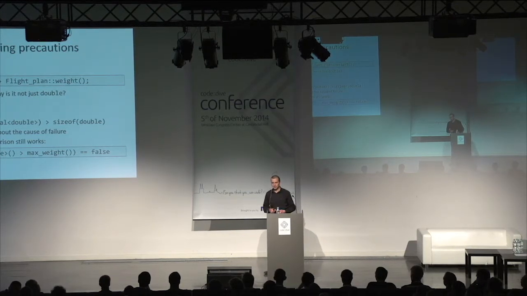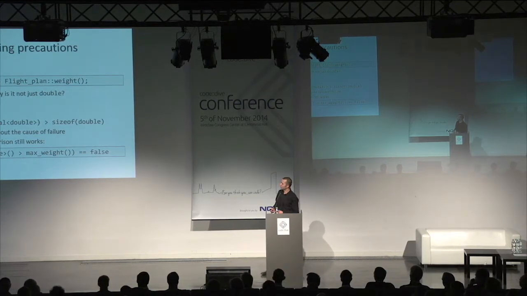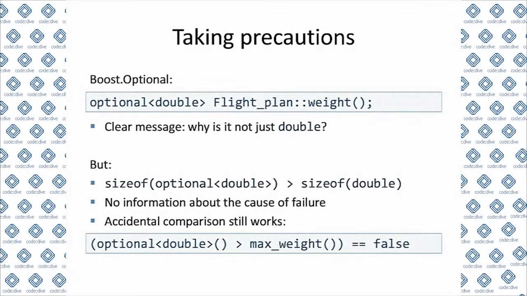Now, it's not as good as the previous solution, because the guy did make some optimization, which might have been useful. Now it's a bigger type because it stores both a double and a flag saying whether this double exists or not. And if you're signaling a failure, you probably also want to convey the reason for the failure, not only the Boolean information that there is some error.